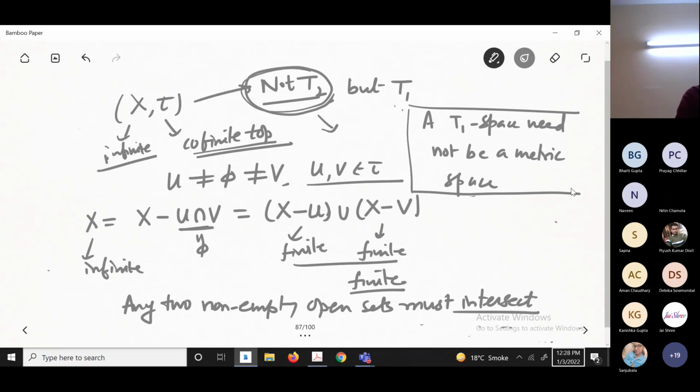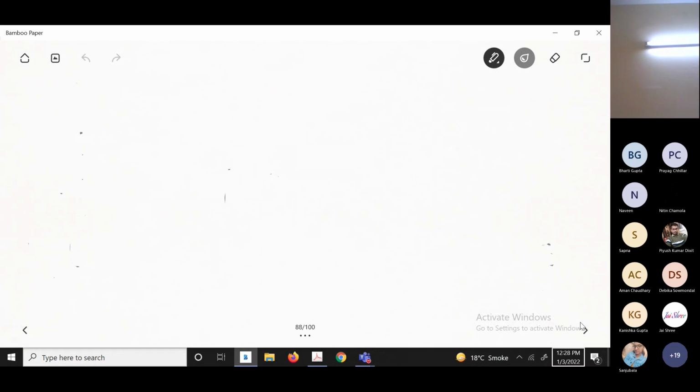A metric space basically has all the nice properties of a topological space. If your topology comes from a metric, then you have a lot of advantages. That's why we define a metrizable topology.